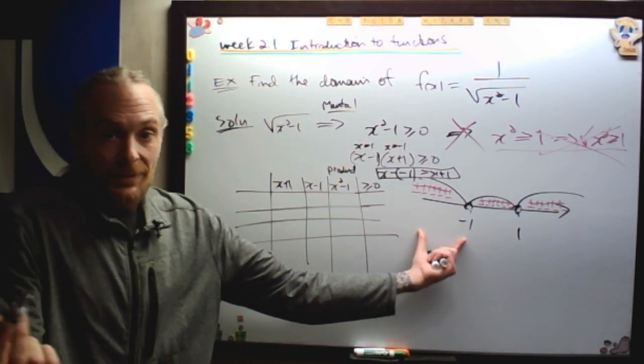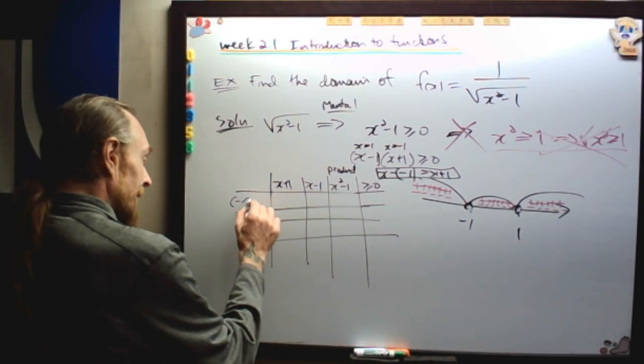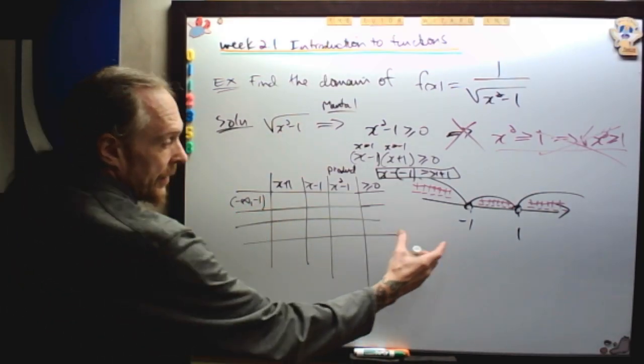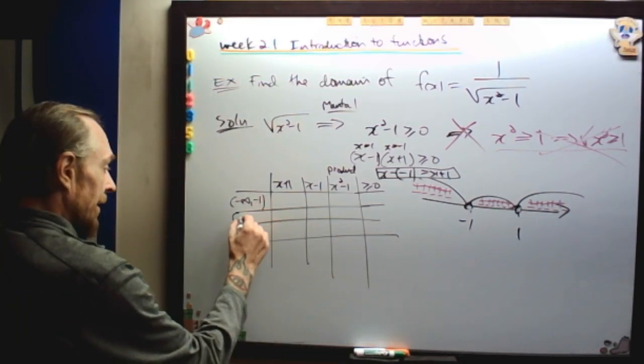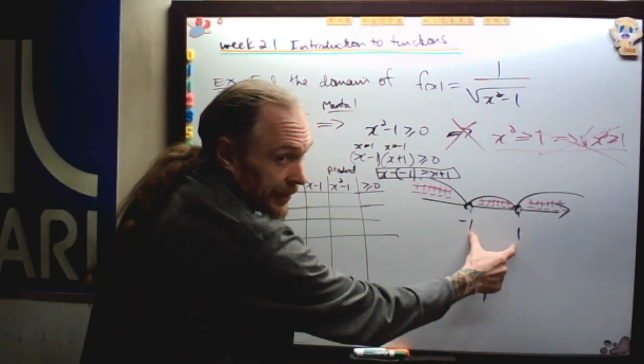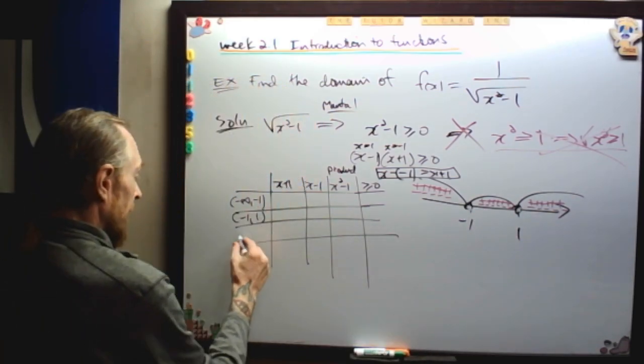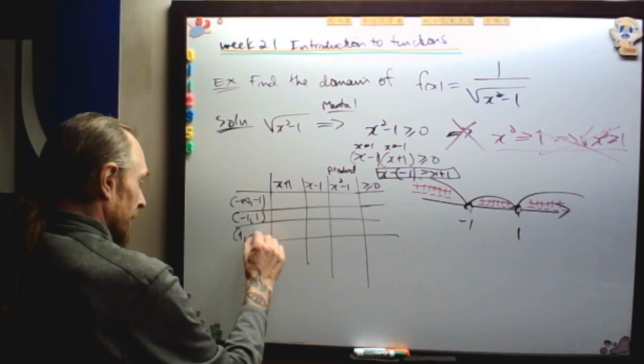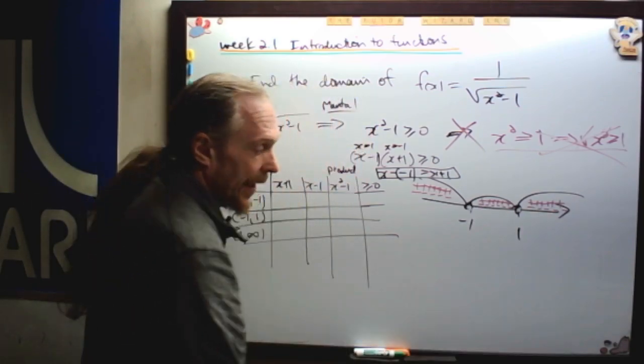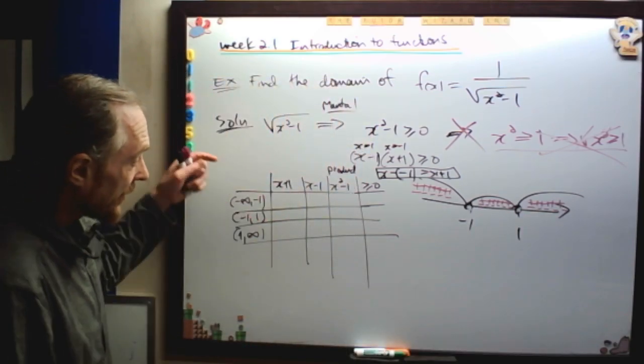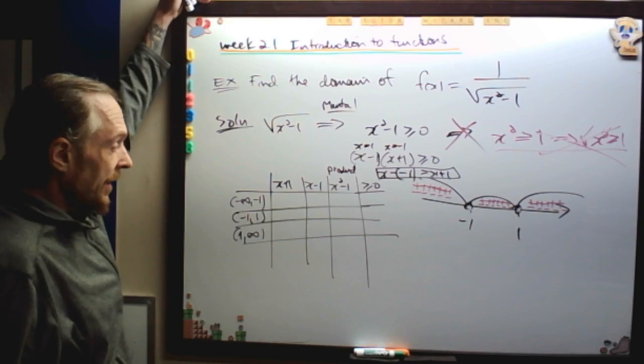In interval notation, I have -infinity to -1, this one, -1 to 1, this interval, and then 1 to infinity, this interval. Now I'm going to check each of these individual linear pieces.